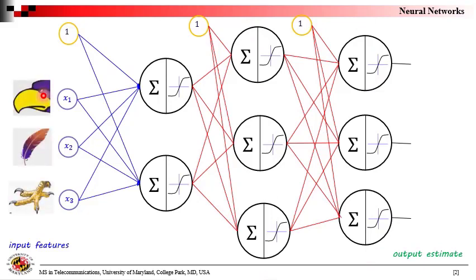So for example, if you input as features a mouth or beak, and a feather or fur, and a paw or talon, then after the neural network has used these features and propagated through, it should be able to give you an estimate. Is this picture of a bird, or of a dog, or of a fish?